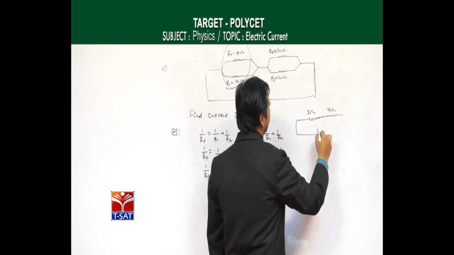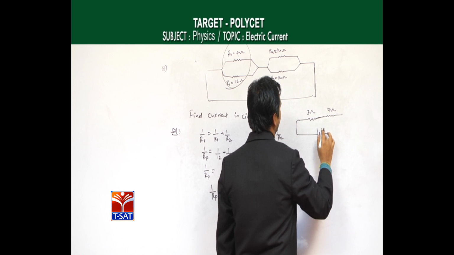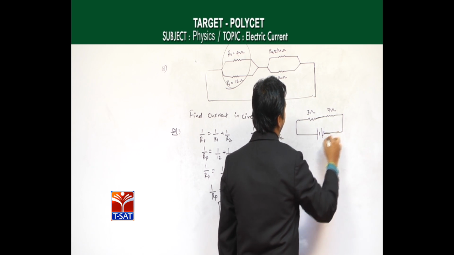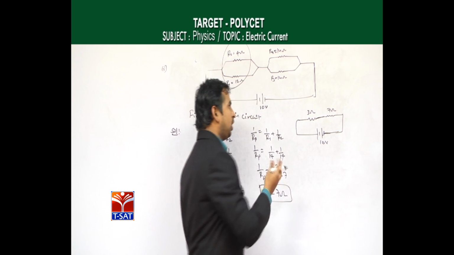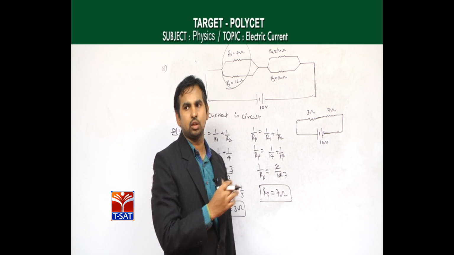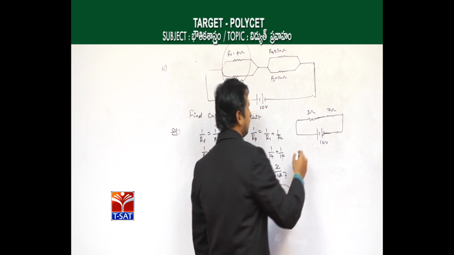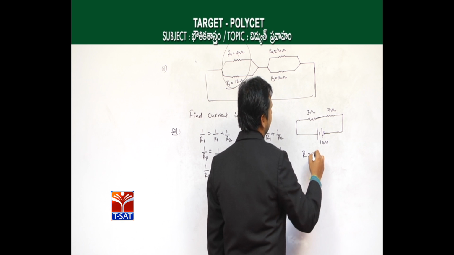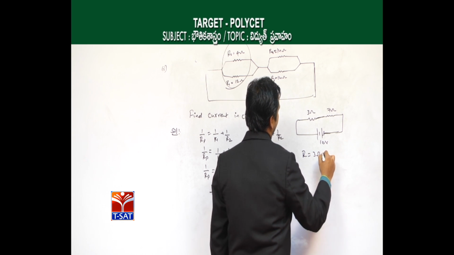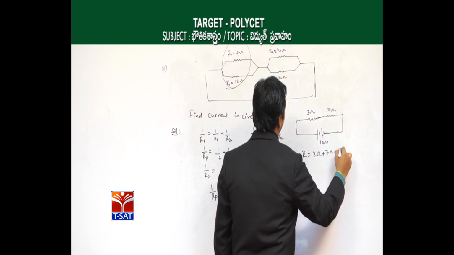These two are connected in series to the battery, where 10 volts is given. Then 3 plus 7, as they are in series, the final resistance becomes R is equal to 3 plus 7, which is 10 ohms.